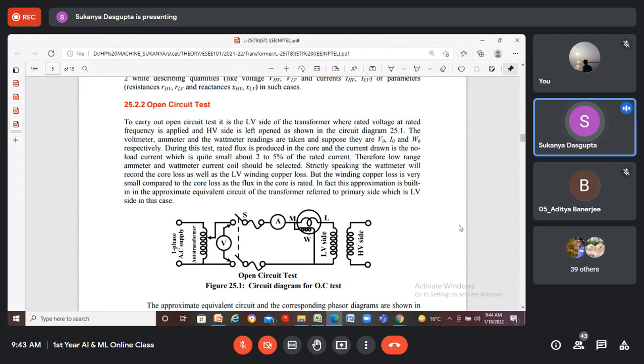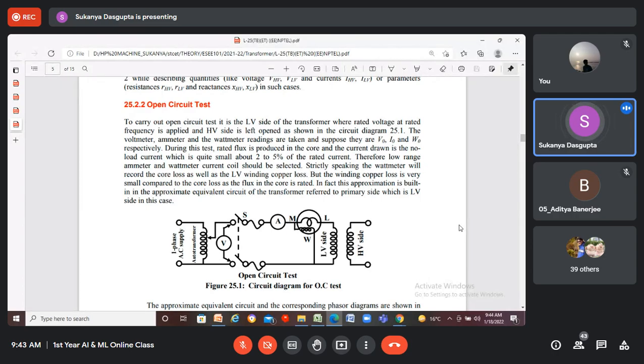The power factor of the circuit is actually very, very small. That's why we do not require a unity power factor wattmeter in this case. We require mainly a low power factor wattmeter, in the range of 0.2 to 0.3. A very low power factor wattmeter we require during this test operation.